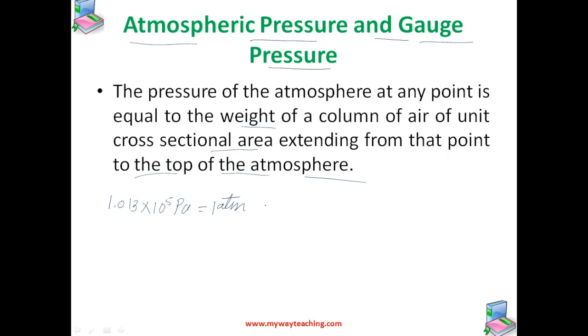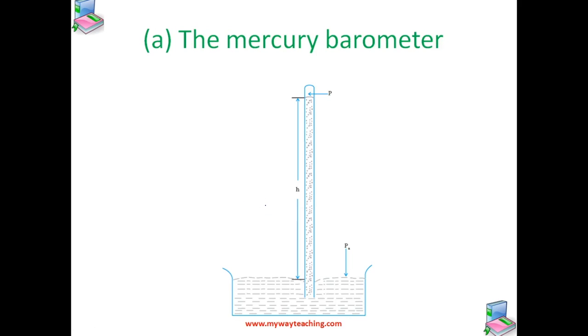First of all, he took a long glass tube closed at one end, filled with mercury, and inverted it into a trough of mercury. You can see that in this figure. This device is known as a mercury barometer.